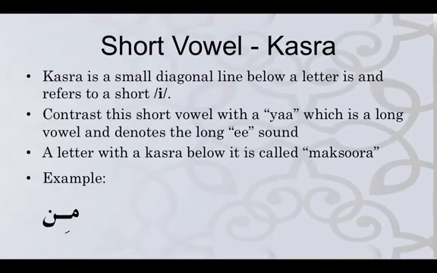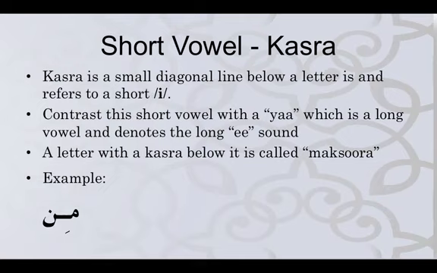The third short vowel that we're going to talk about today is known as the Kasra, and it is a short diagonal line that is placed below a letter. It looks very similar to the Fatha, but the Kasra always occurs below a letter. Whenever it's placed, it refers to the short I sound, most probably closest to the short I sound in the English language.